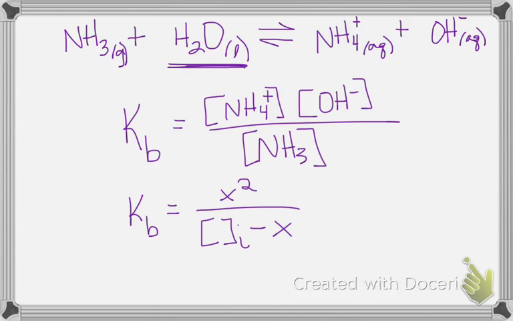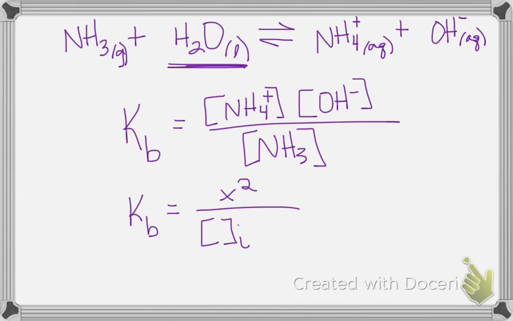That's the same thing we had when we were using acids, except now it's a Kb. And we can still make that same assumption. We can take out the x, so Kb is equal to x squared divided by the initial concentration.